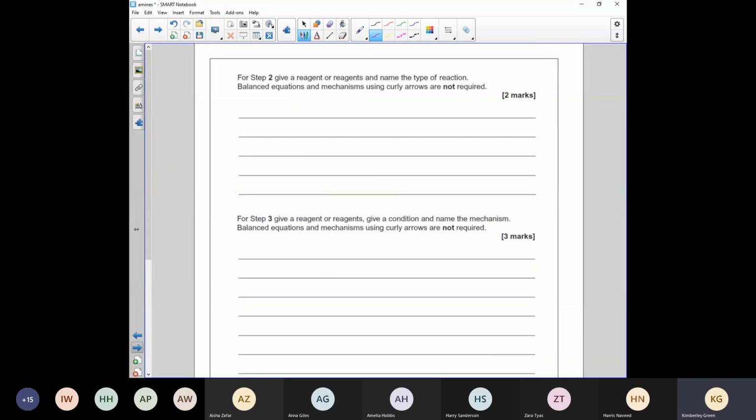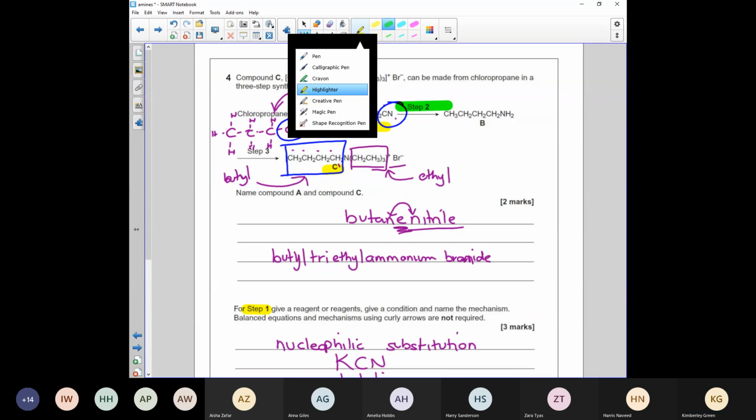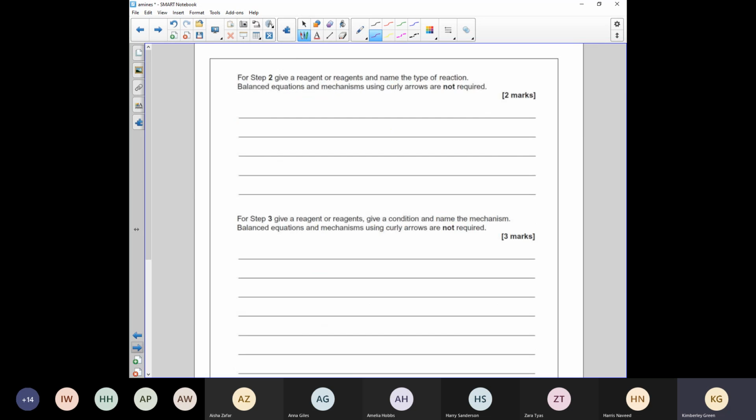Right, step 2. What's happening in step 2? We're changing that cyanide to all that, so we're adding the hydrogens again. See, it does crop up a lot. Give the reagent or reagents and name the type of reaction. Balanced equations and mechanisms using curly arrows are not required.